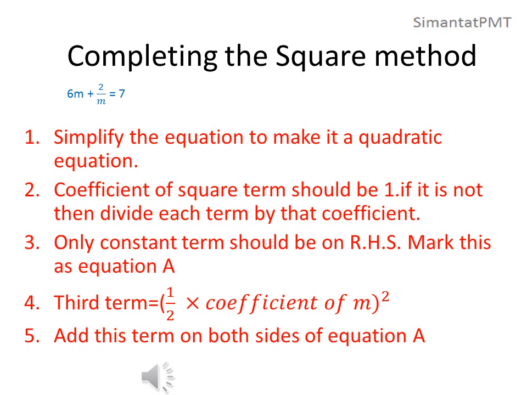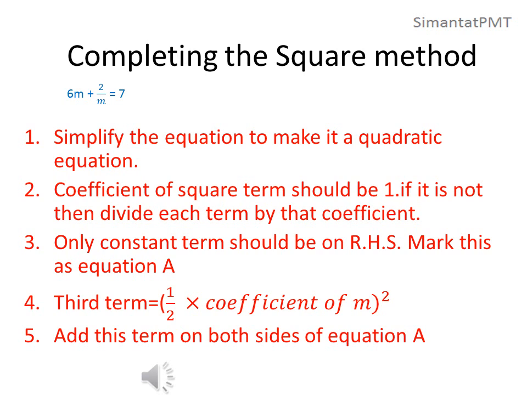Now, what we do is, we first simplify the equation to make it a quadratic equation. Step 2. Now, coefficient of the square term should be 1. If it is not 1, then divide each term by that coefficient. Step 3.